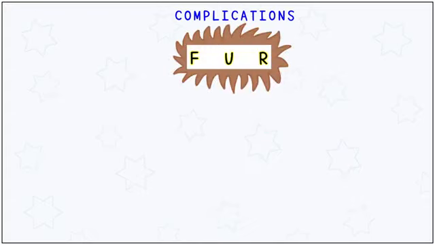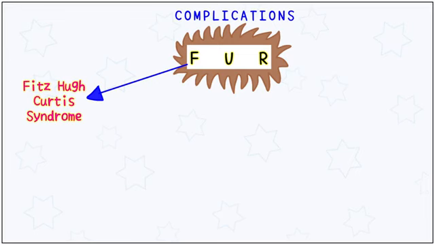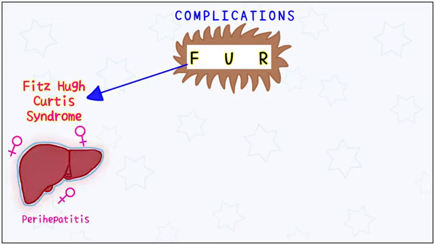Complications of this disease can easily be remembered by the mnemonic FIR, where F is for Fitz-Hugh-Curtis syndrome, characterized by perihepatitis or inflammation of the peritoneal coating of the liver. This commonly affects females.